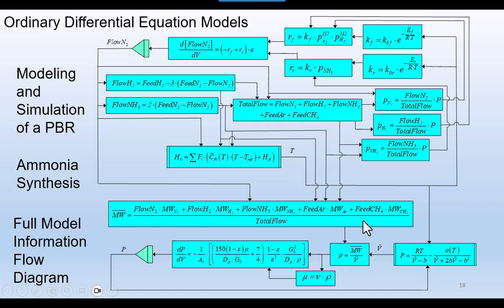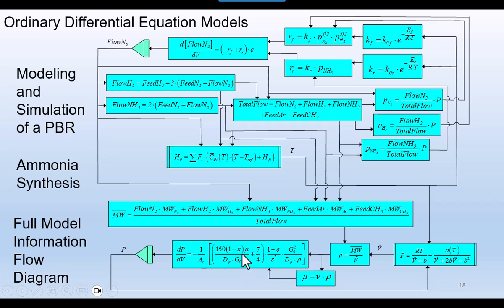We're able to get that with our flows, and we need, this is our Peng-Robinson equation of state that we solve in order to get the specific volume. That gets us the density with the average molecular weight, which we need for the differential Ergun equation.